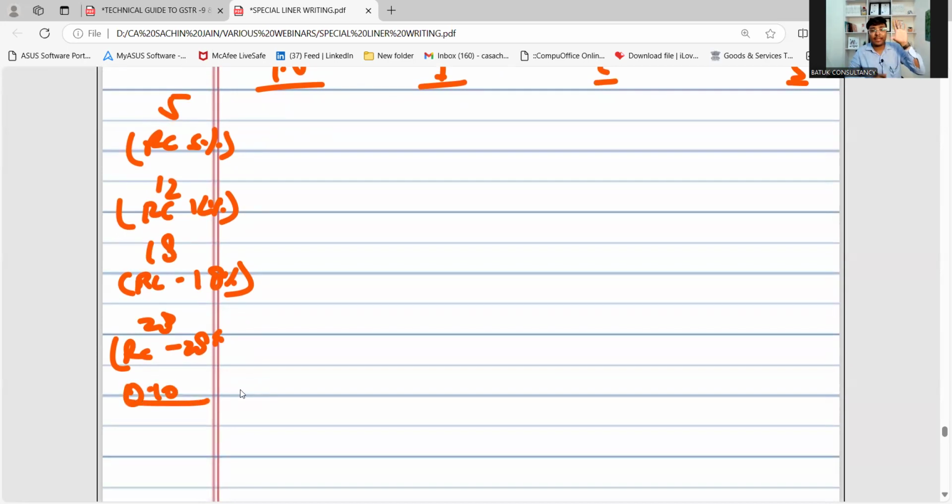They are demanding from us that you need to present the rate-wise outward liability from your books of accounts. For that purpose, there is a question: sir, how can we calculate this rate-wise liability?